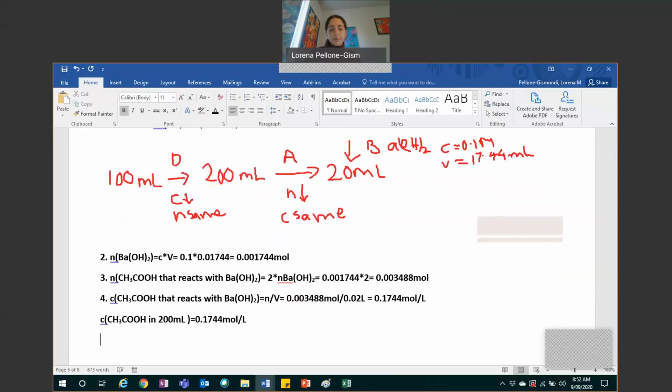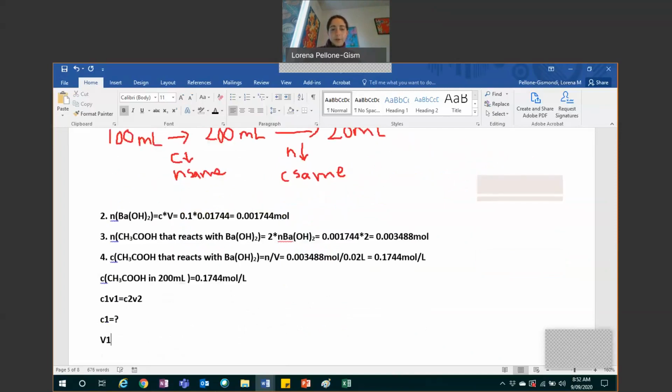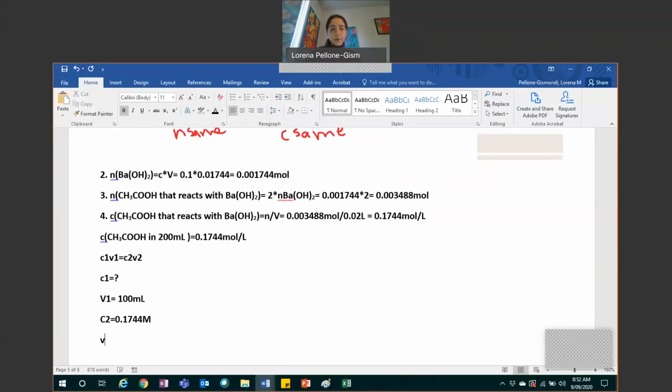And I'm going to do C1, V1, C2, V2 to work out the original. So C1, V1 equals C2, V2. So what's C1? The original concentration is what we don't know. The volume will be 100 mils. The C2 will be equal to 0.1744. And the V2 will equal 200 mils.